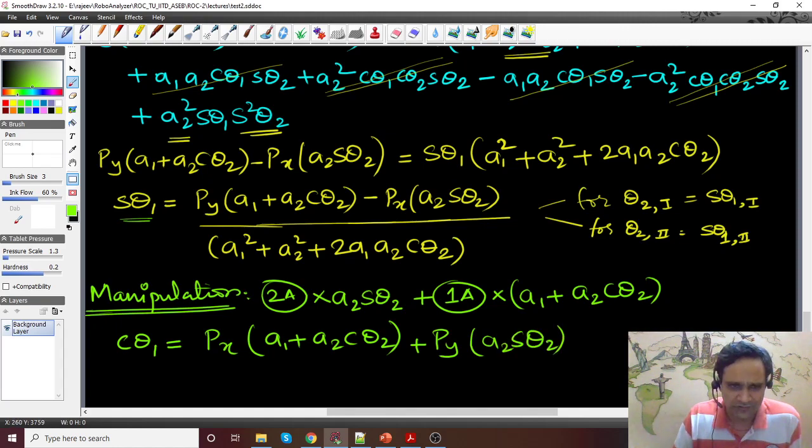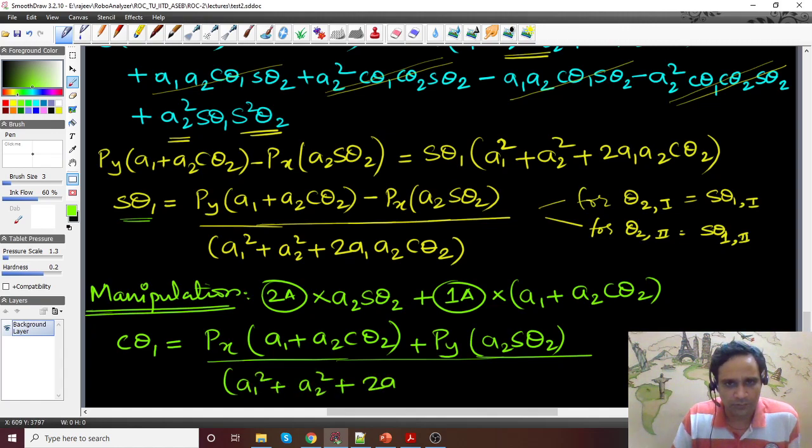It looks similar actually. Only thing is we are swapping, and negative becomes positive, and the denominator is the same in both cases, a1 square plus a2 square plus 2 a1 a2 cos theta 2. Whatever we have in the sine expression we can consider as some S1 parameter, and what we have here we can consider as C1 parameter.